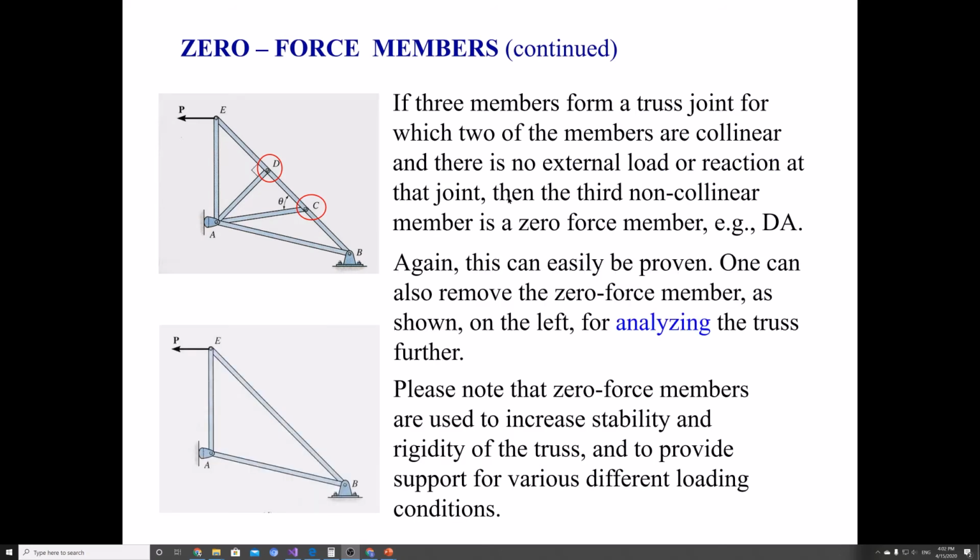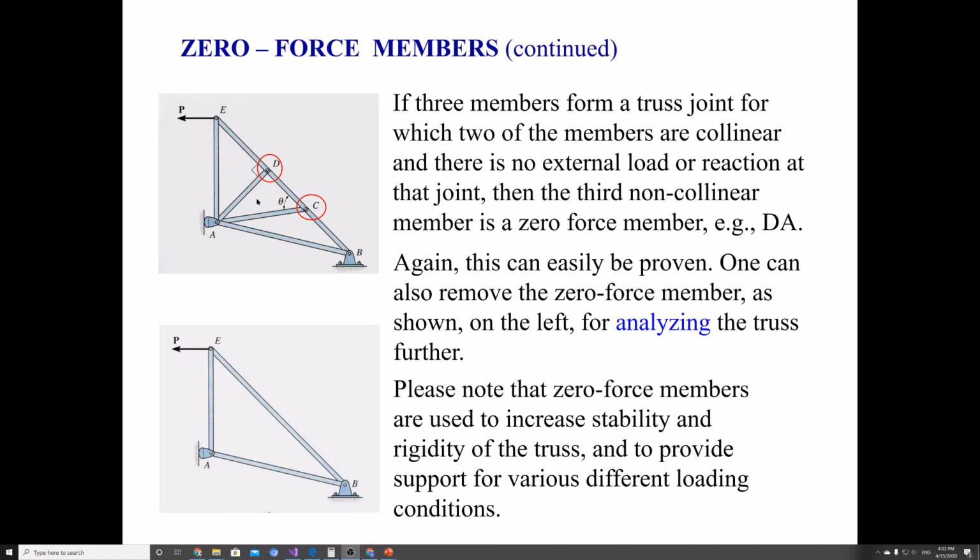Now another case for the zero force members, you'll note here, is that if you have three members together and there's no external force acting on any of these joints, and the third one is linear, along a straight line. So this member connects directly in a straight line with this one, with this one. These are all connected in a straight line.